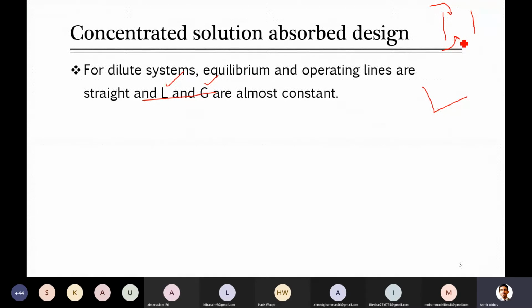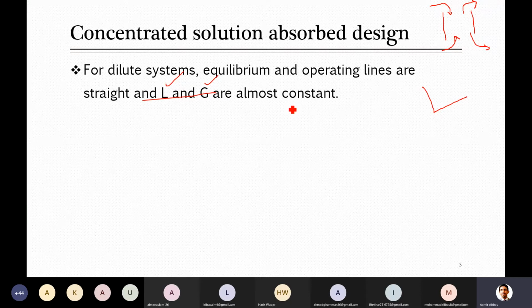So when anything is transferred from gas to liquid, there is not much effect on the flow rates of the liquid and gas. We considered that the gas leaving at the top has the same flow rate as it had at the bottom, and the liquid was considered the same. You can recall we have repeated it many times. All those systems were dilute, and the equations derived were for dilute systems.